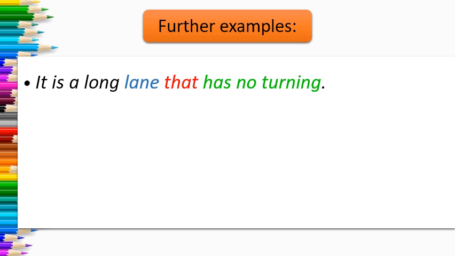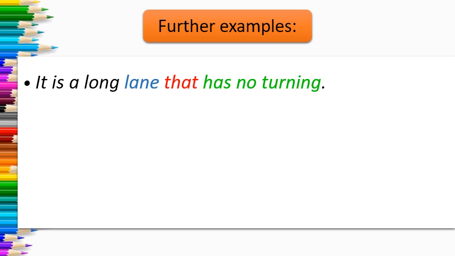Here, it is a long lane is the main clause and that has no turning is the subordinate clause. As you can see, that is the relative pronoun here. That has no turning is an adjective clause. Why is it an adjective clause? According to the rule, if the last word of the principal clause is a noun or a pronoun, then the clause after it will be an adjective clause.